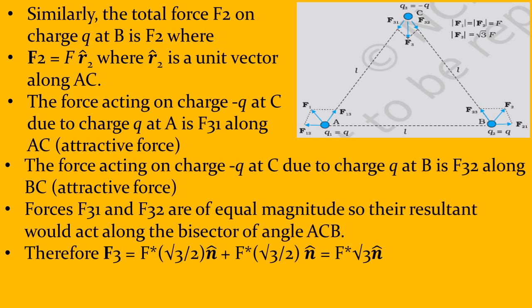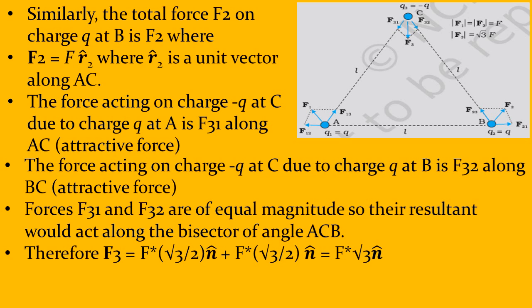Therefore, the force F3 is equal to F into root 3 by 2 n hat plus F root 3 by 2 n hat. Now, why root 3 by 2? Because cos of 30 is root 3 by 2 and the bisector of the angle C makes 30 degrees. And what is the sum?